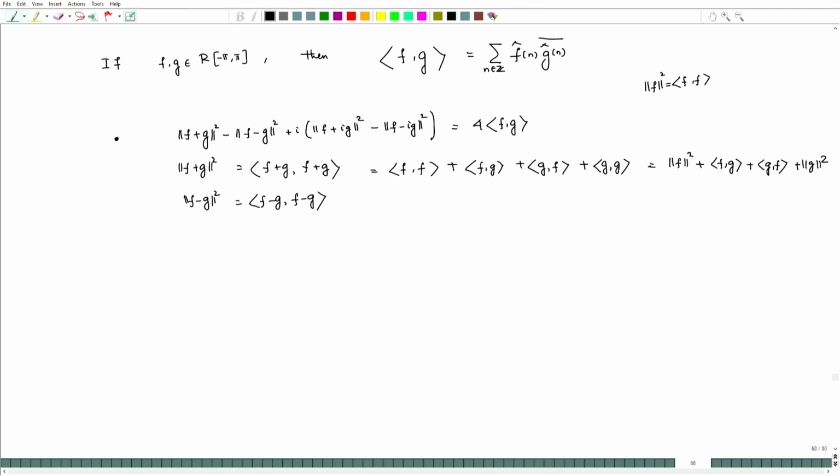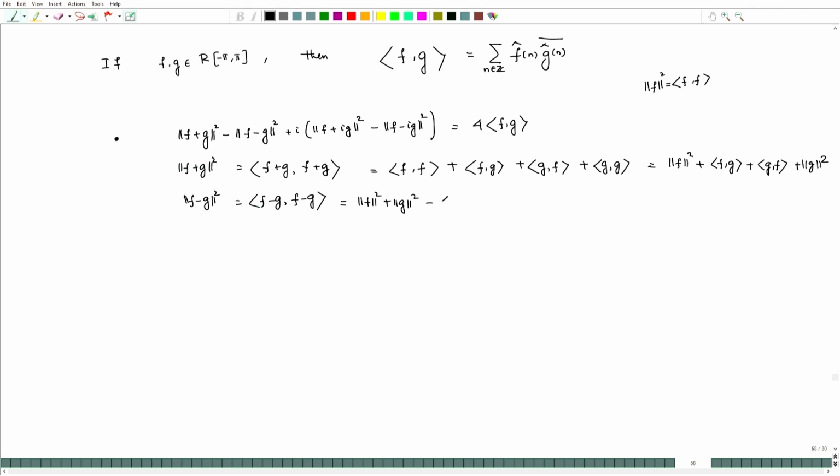Everything will get cancelled. As you can see, if I am subtracting this, then the f square and g square terms will vanish. Now, if you go on like this, you are going to get, let me just write one thing for you, plus norm of g squared, this will come.